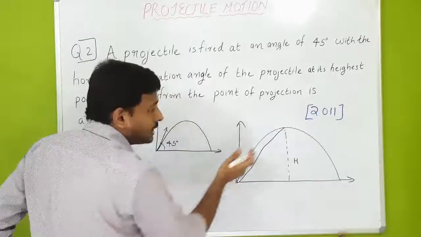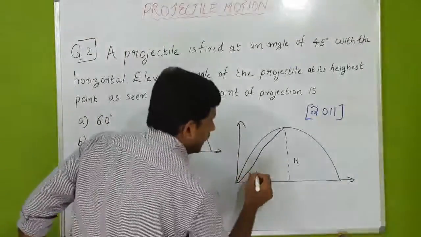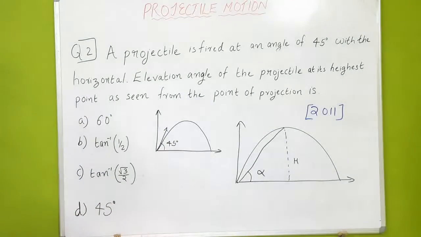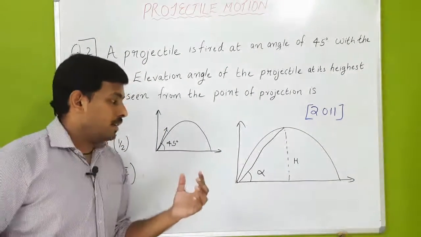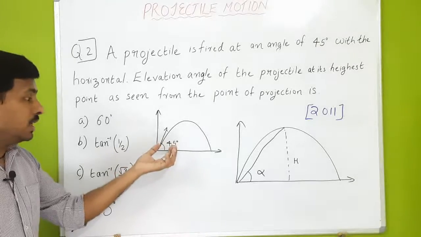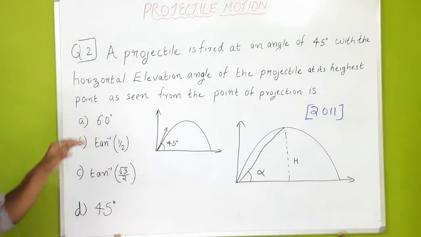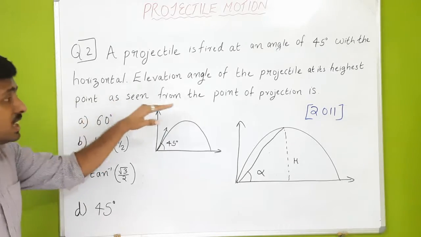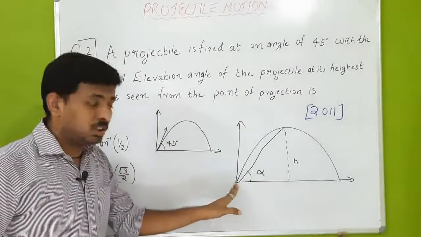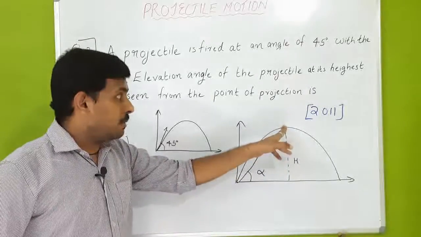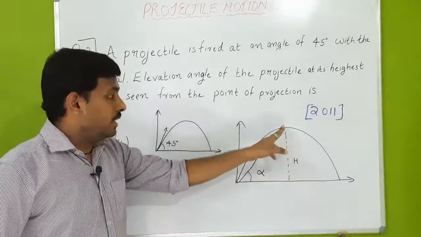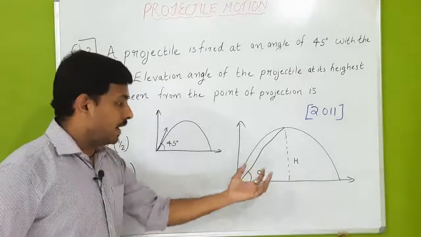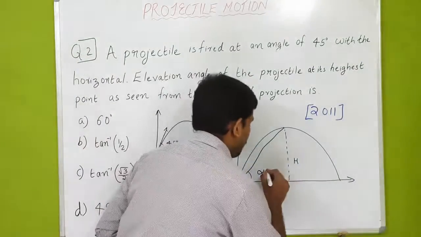The angle between this line and the horizontal is known as the elevation angle. Let's denote it with alpha. We have to find the value of alpha. The angle of projection is 45 degrees. This is the point of projection, this is the maximum height, that is the highest point, and the angle from here is the elevation angle. We have to find the value of alpha.